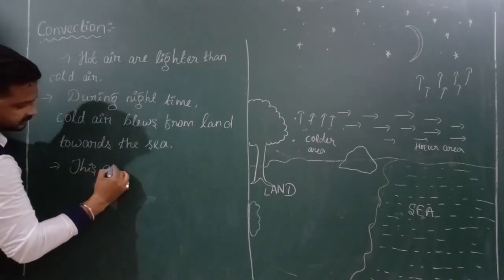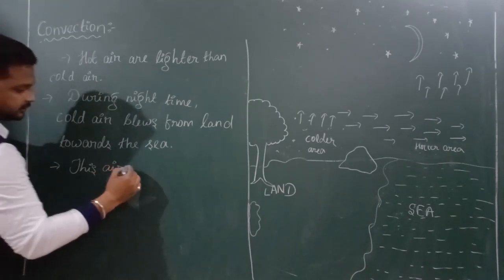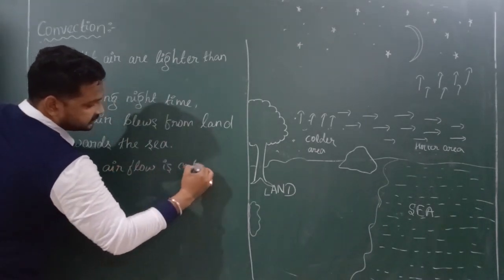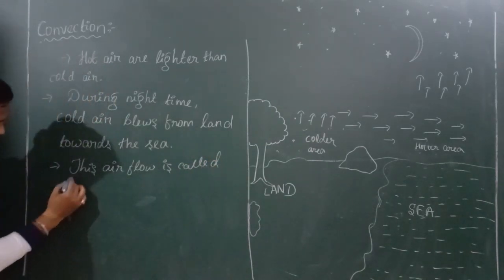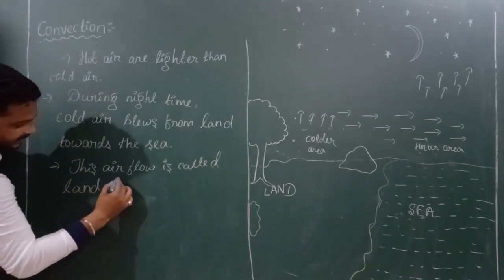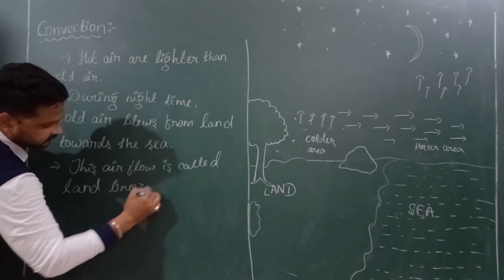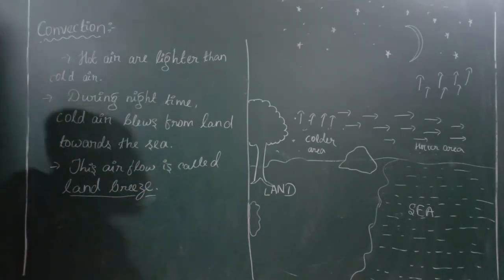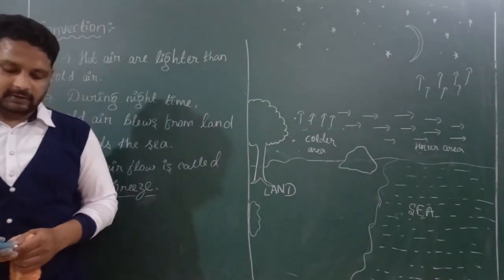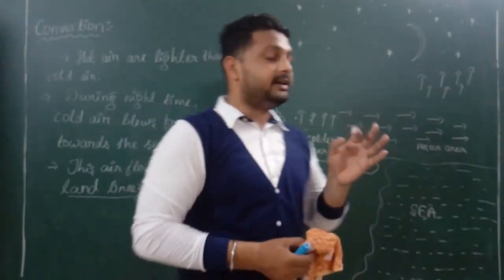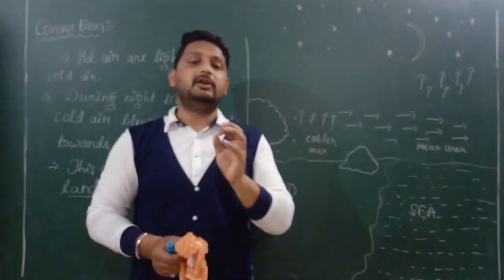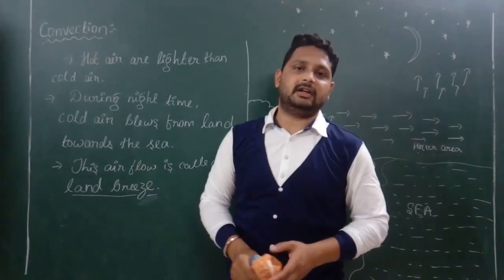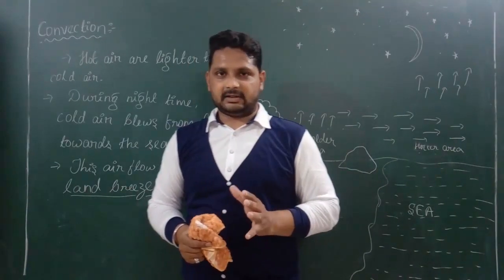This air flow is called what? It is called the land breeze. Okay, so understood? These are the two interesting phenomena that occur in the coastal region, and they mainly occur due to which process? Convection.